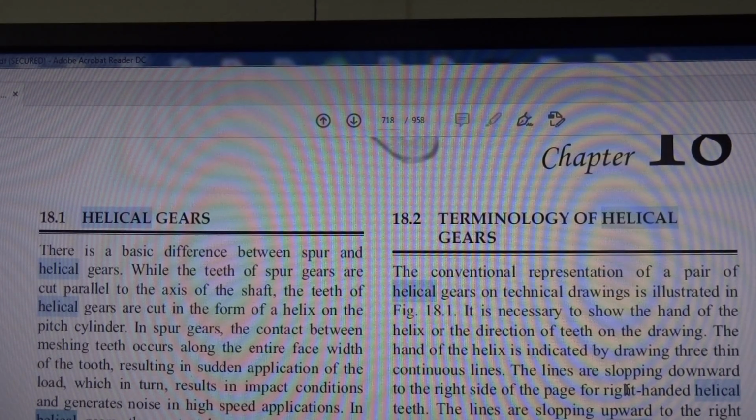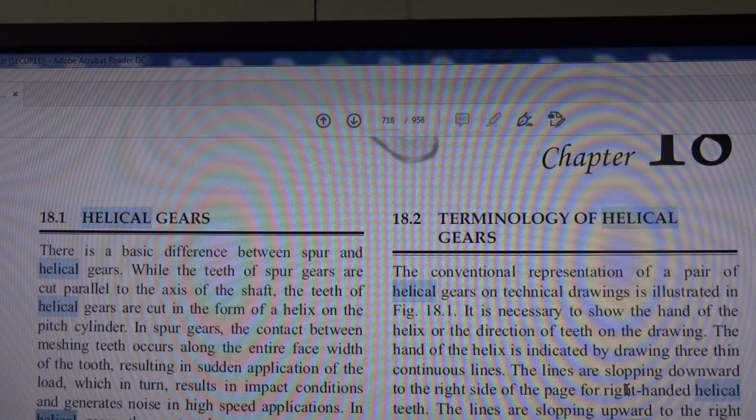In a spur gear, the contact between meshing teeth occurs along the entire face width of the tooth, resulting in the sudden application of load, which in turn results in impact conditions and generates noise in high speed applications.